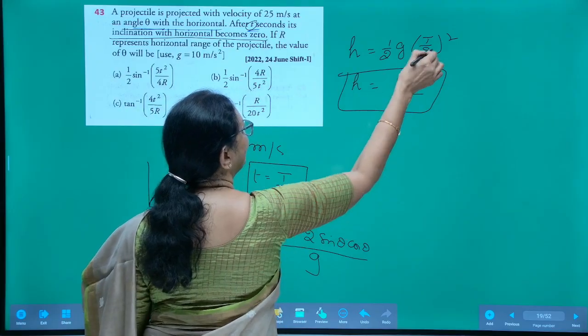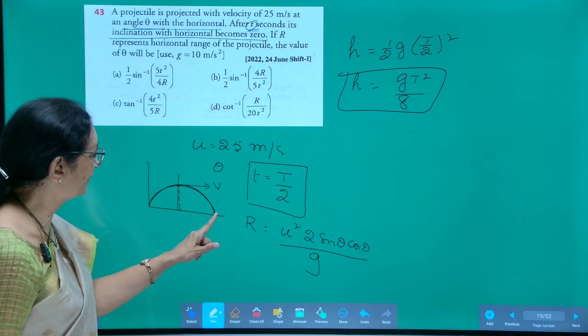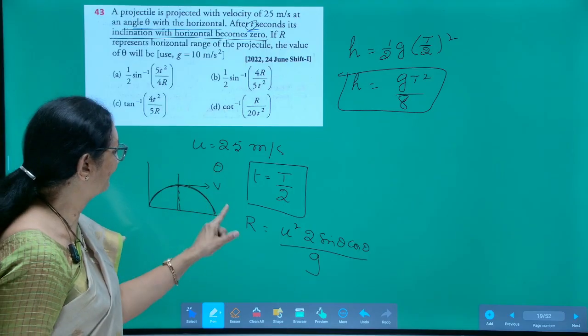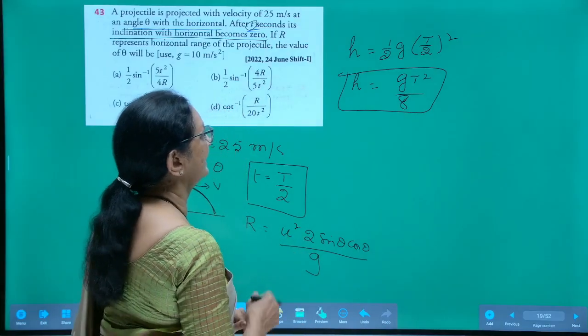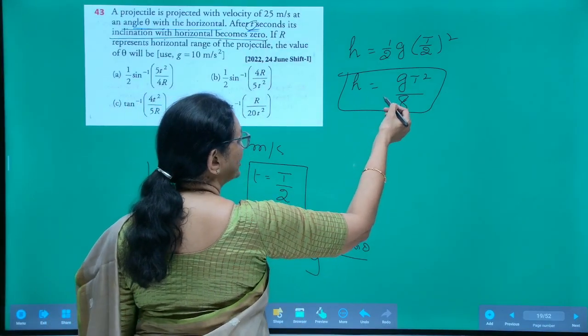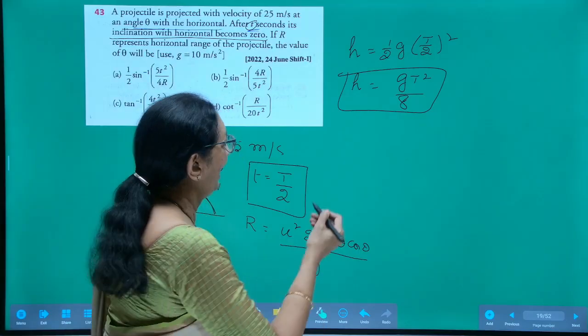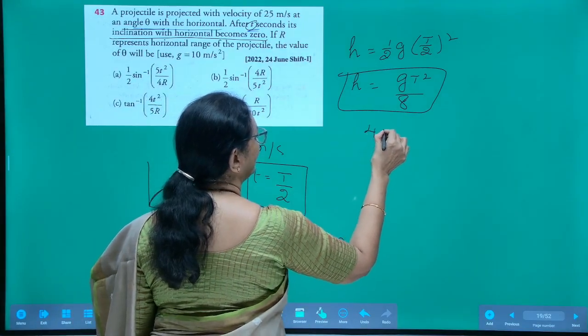Why we have taken t by 2 is because the time taken by the body to reach from this point to this point is half the time of flight. During that half the time of flight, the vertical displacement is h. So, it is half g (t by 2) whole square, or h is equal to g t square by 8, and 4h by R is equal to tan theta.